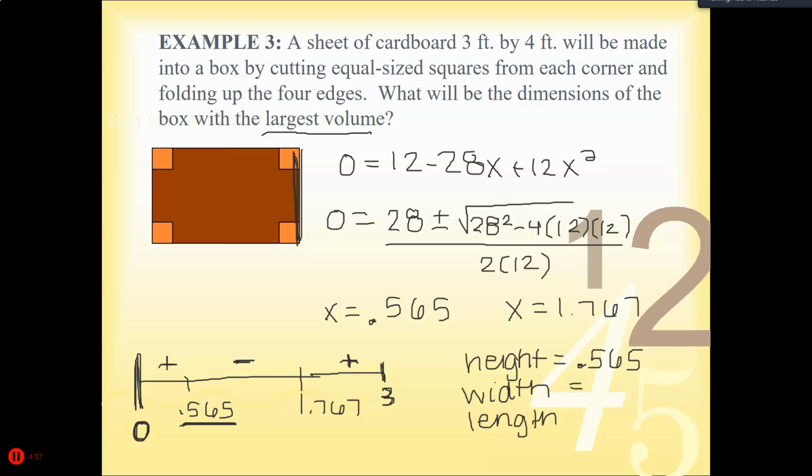So you have to do 4 minus 2 times 0.565. And again, I rounded, so you should have 3 decimals. And watch your units, so these are feet.